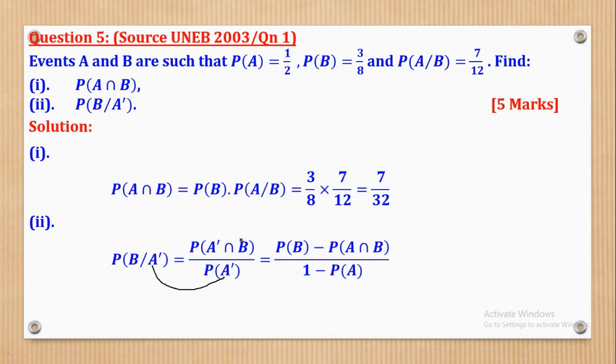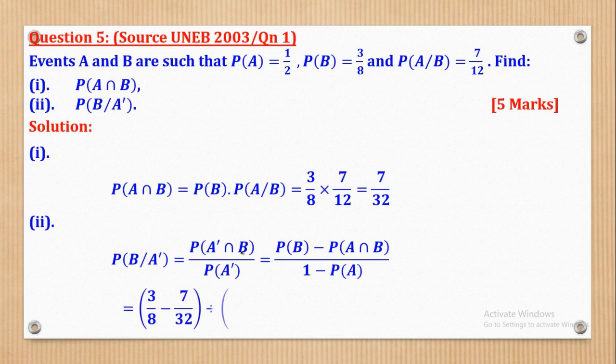Then from set theory, you realize that probability of A complement intersection B is equal to probability of B minus probability of A intersection B. Now why do we put B here? It is because if you look at these two intersections, A changes but B remains constant. So what remains constant is what we put here. Also still from set theory, probability of A complement is equal to 1 minus probability of A.